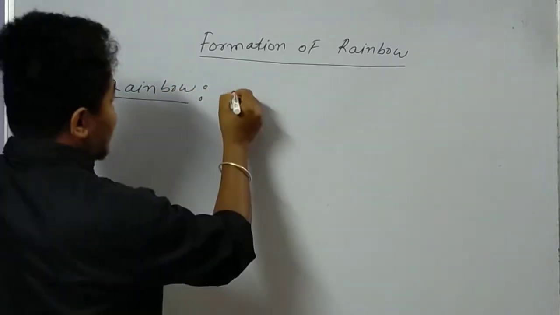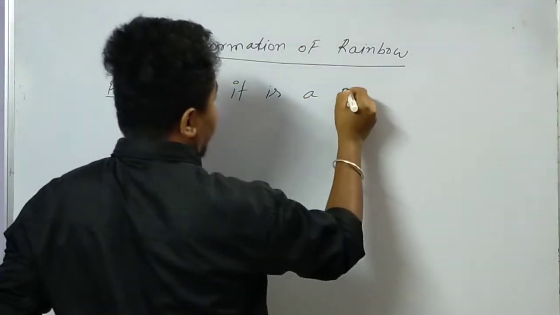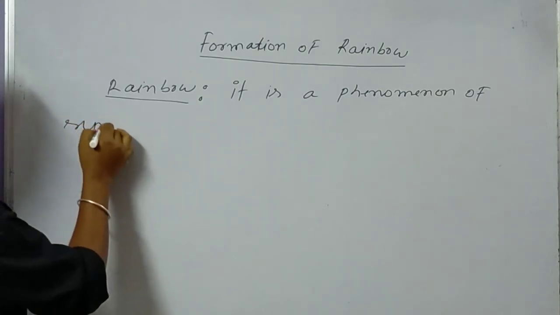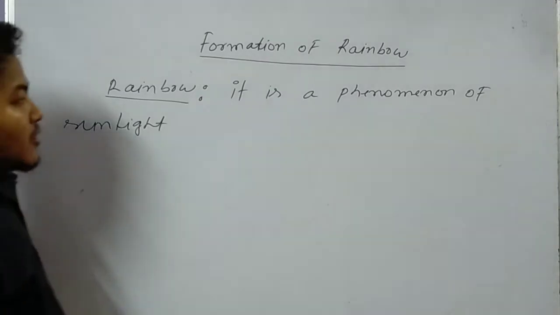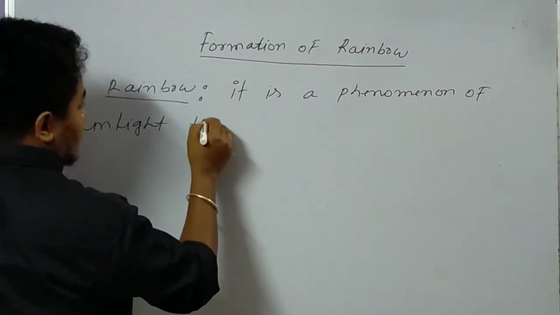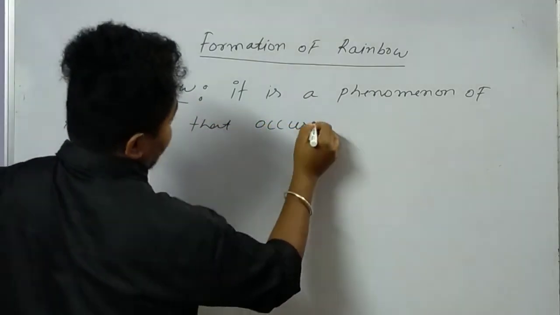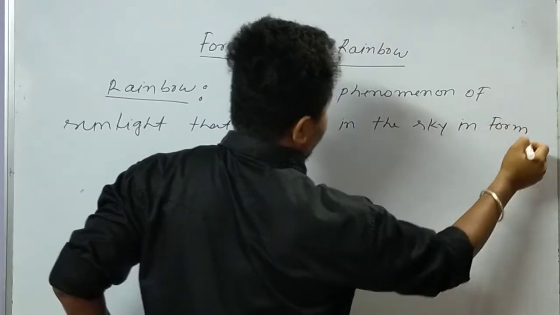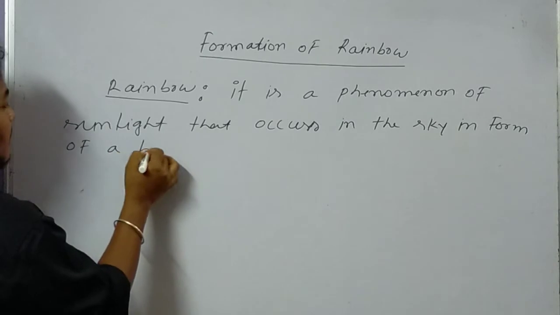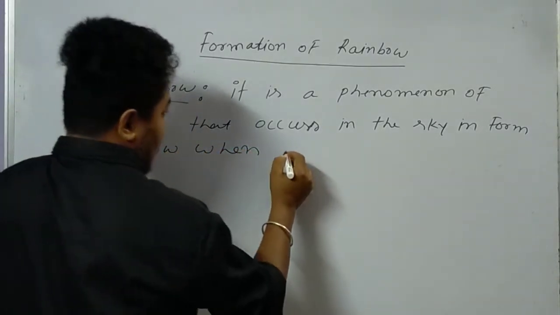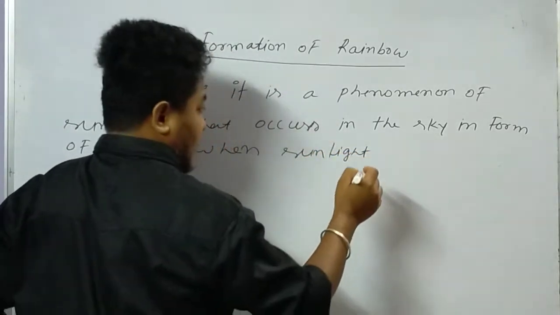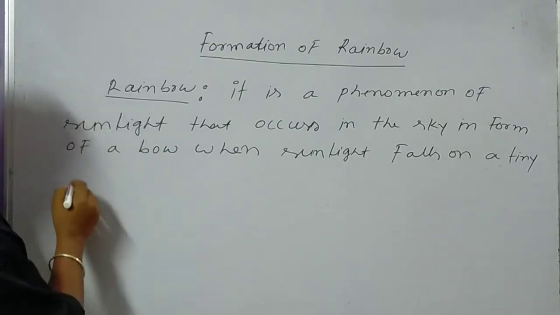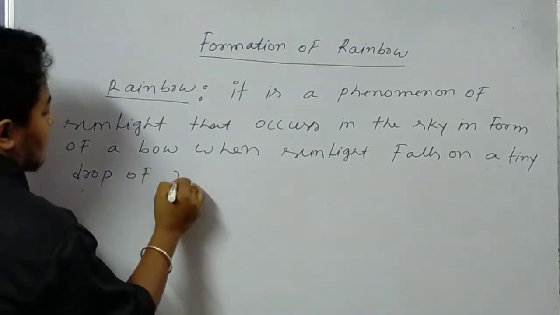You can write: It is a phenomenon of sunlight that occurs in the sky in the form of a bow when sunlight falls on a tiny drop of rainwater.